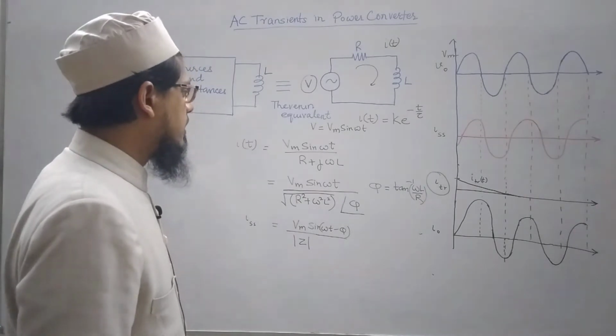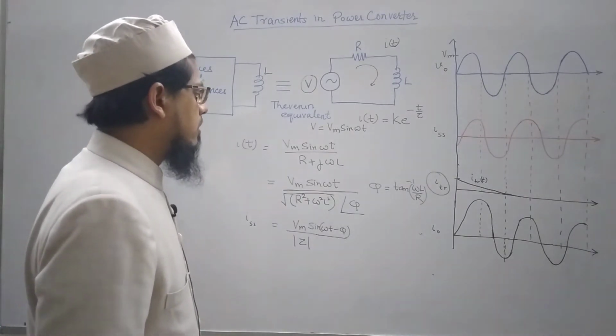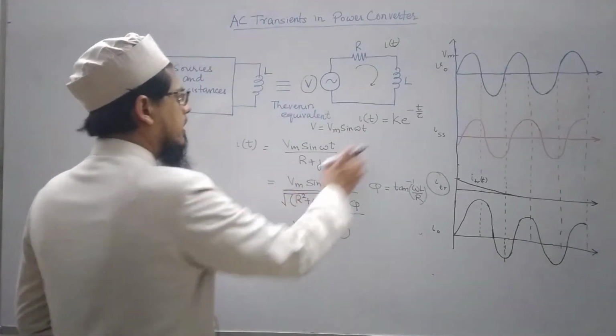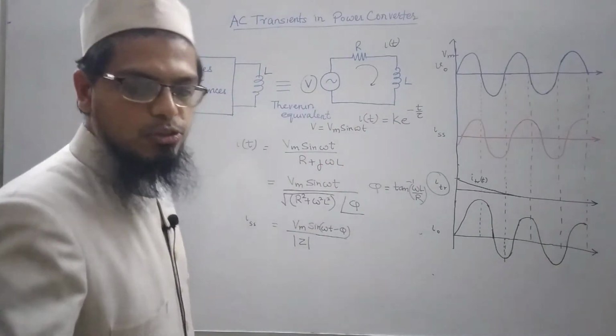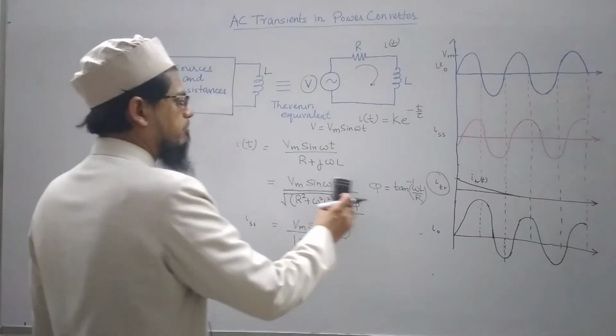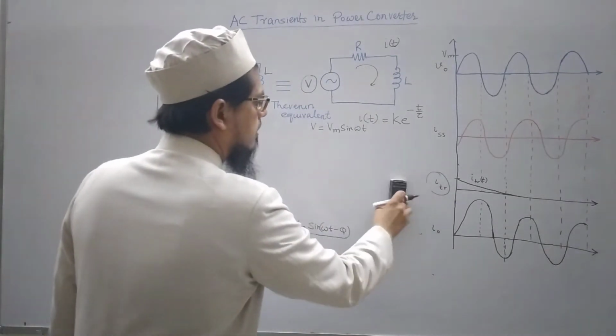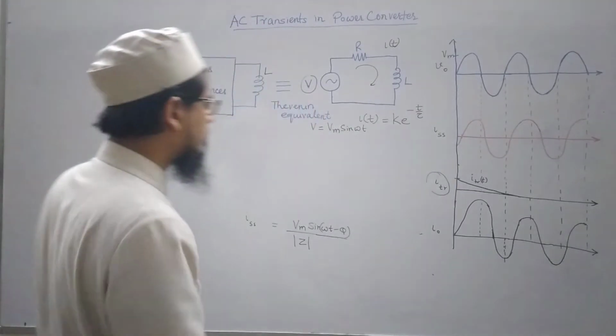If I am interested in finding out the complete expression, I have to add this steady state and this transient expression to get the final expression for the current flowing in the circuit. So let me write it down here.